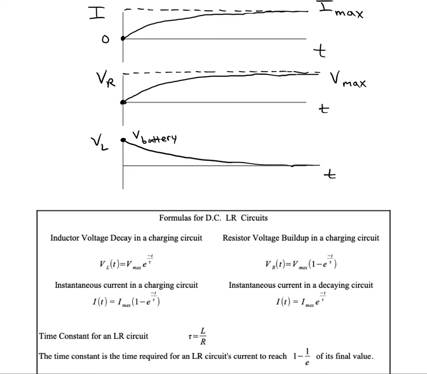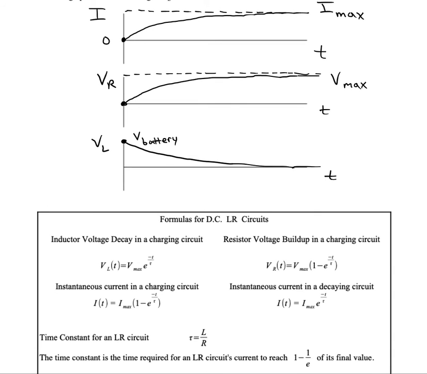Here are the formulas for LR circuits. Very similar to the formulas for RC circuits. But of course, the forms of them have been reversed in order to reflect the new type of graphs that we'll have.